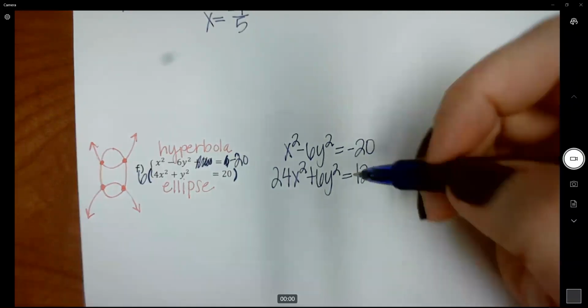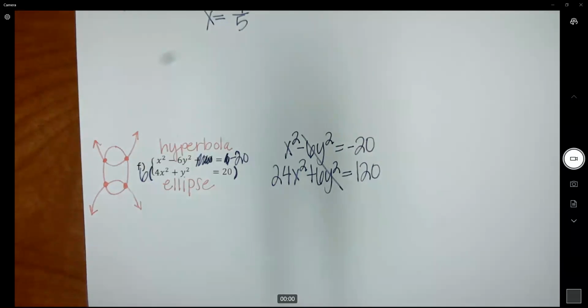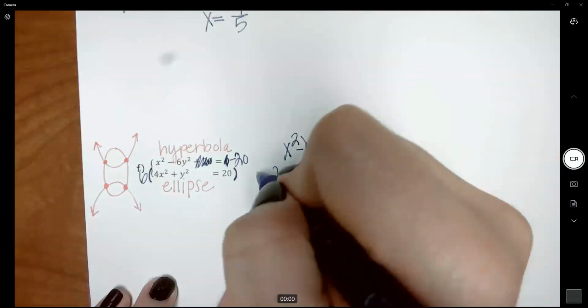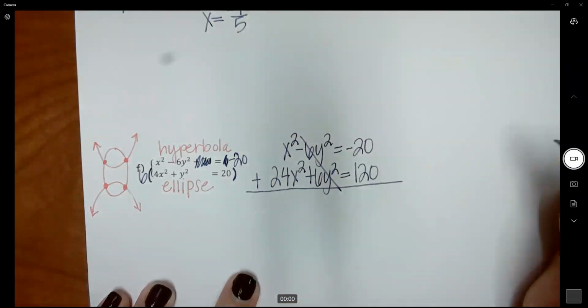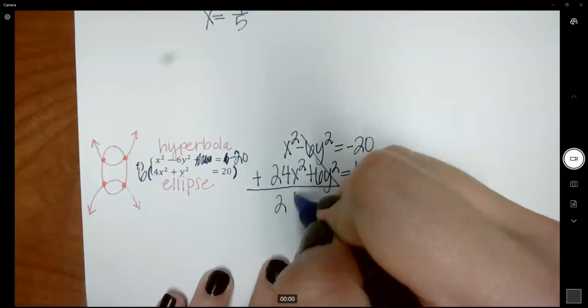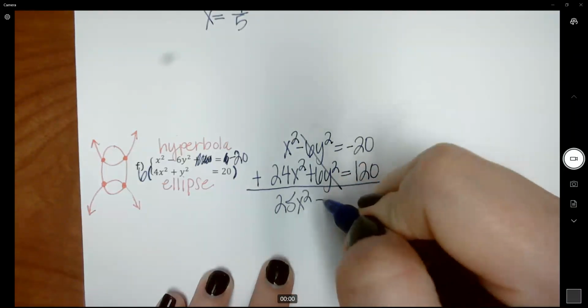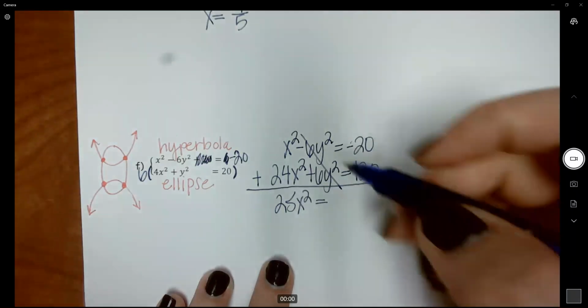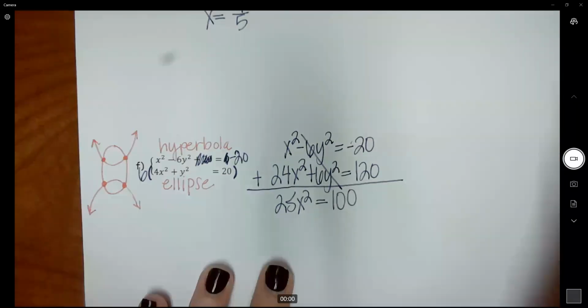All right. My y squareds cancel because one's a -6, one's a +6. And then we add what is left. 1 plus 24 gives me 25x squared. -20 plus 120 is a +100.